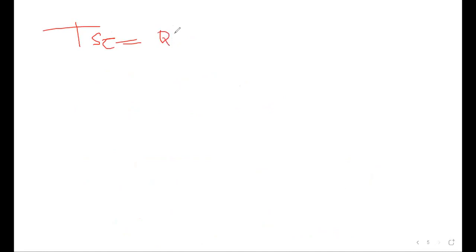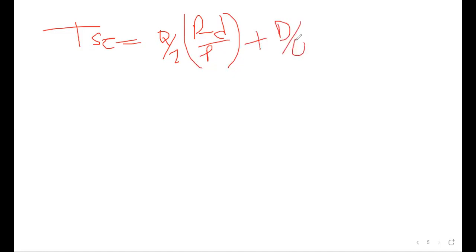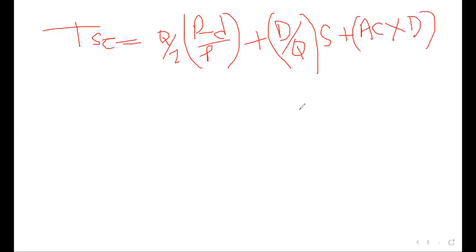So this is why we are going for these ones. So (P minus D) over P, then plus D over Q times S, plus SC multiplied by D. So this is total stocking cost.